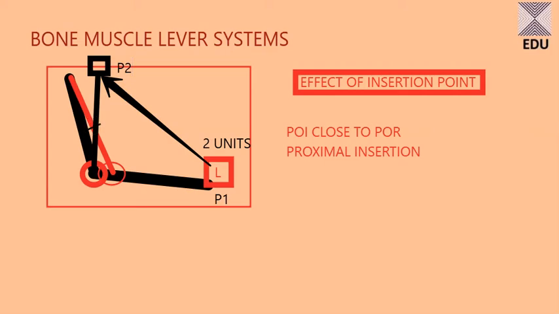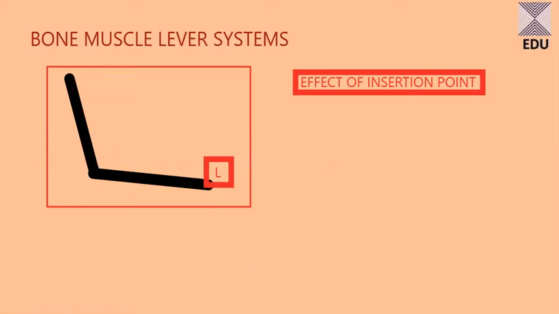Now we are taking the second case. Now in this particular case, we have the point of rotation. This is the point of rotation. I should take it in the red color. I was taking the red color as point of rotation. Now in this particular case, the muscle insertion point is not very close to the point of rotation.